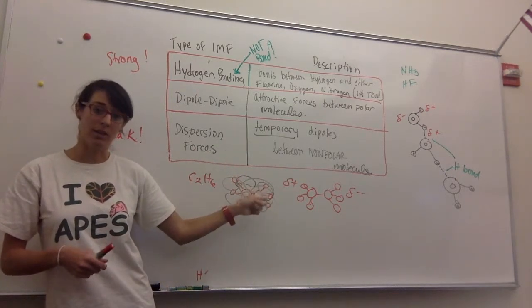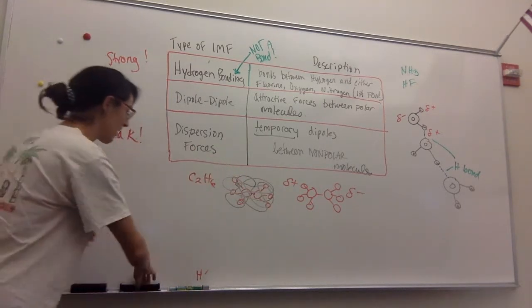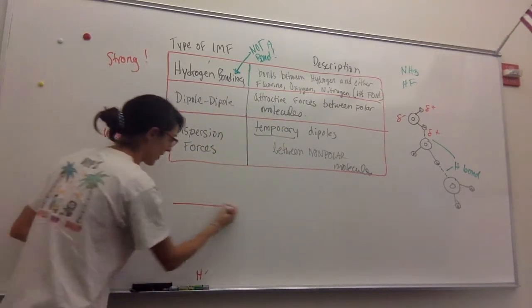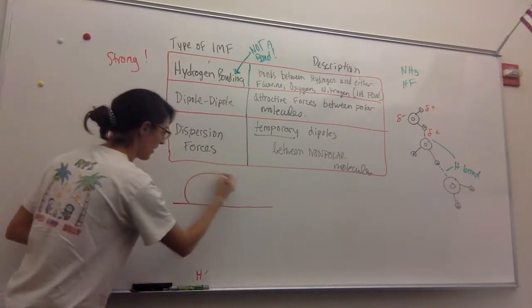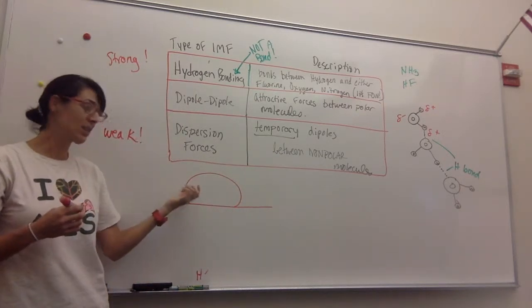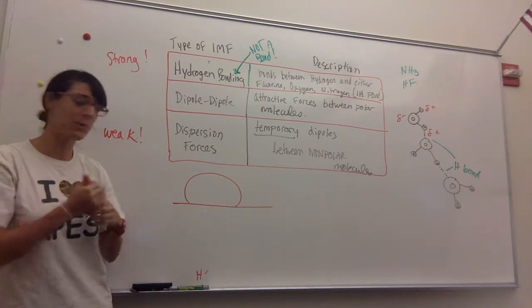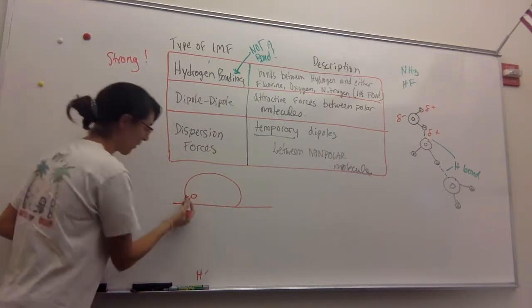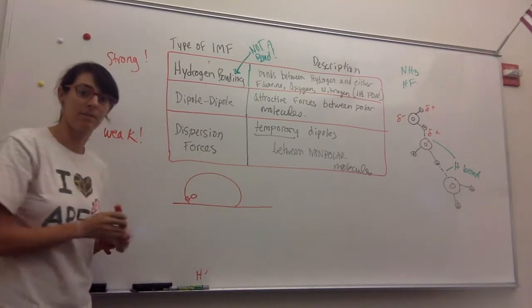This is kind of what oil is like. If you guys remember, you put a water droplet on wax paper. So this is wax paper. You put a water droplet, and it kind of makes this giant bubble. And the reason it can do that is because the water molecules are all attracting to each other, and they can kind of hang on to the other ones, when really you would expect it to fall flat.